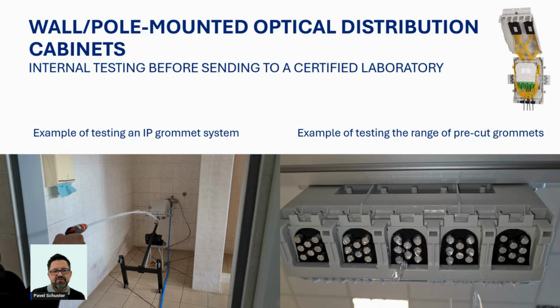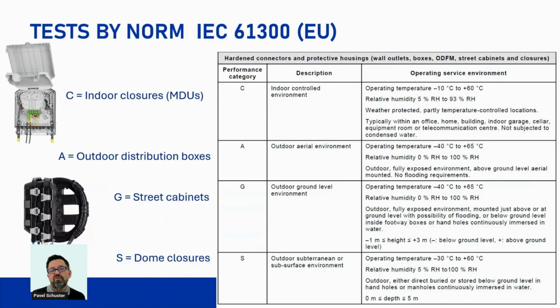All right, so now let's speak about the norms. The norms which are required in Europe are called IEC norms. For example, in the US or in America, they use Telcordia norms, and in some countries they have their own specific norms. Like in Germany, they use the DIN norm, and you can also later see that in the color coding of the pigtails and so on, DIN is different, IEC is different.